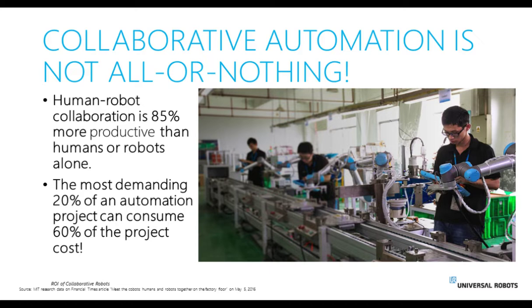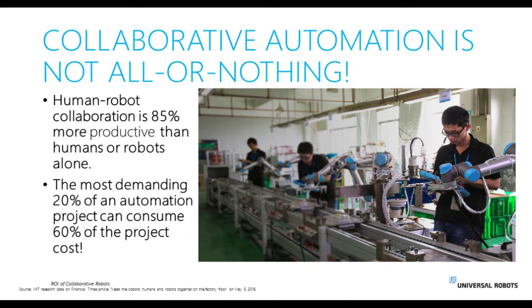Now, this is one thing that's extremely important when looking at your ROI. Traditionally, when you're looking at industrial automation in the past, in order for a robot system to work, you had to have the entire cell end-to-end automated, otherwise it wasn't predictable enough for the robot.